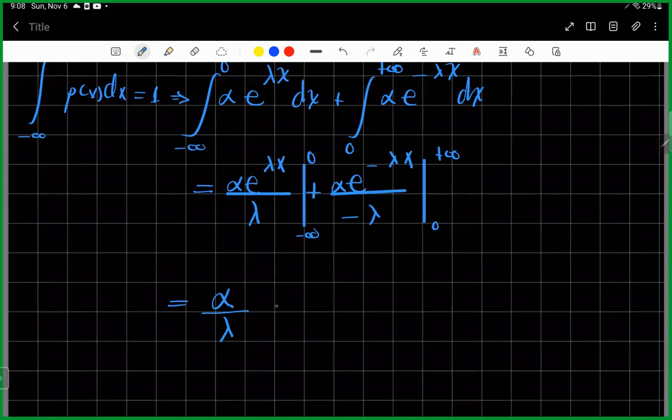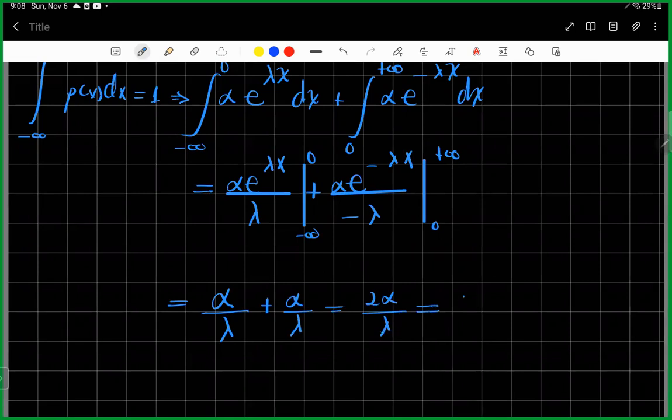Okay. And this is plus, let's see. At plus infinity, that's 0. And minus times this is plus 1. So then this is alpha over lambda. This is 2 alpha over lambda.